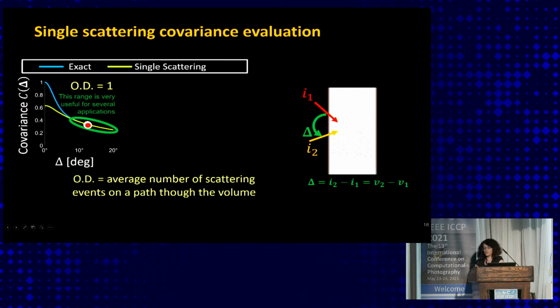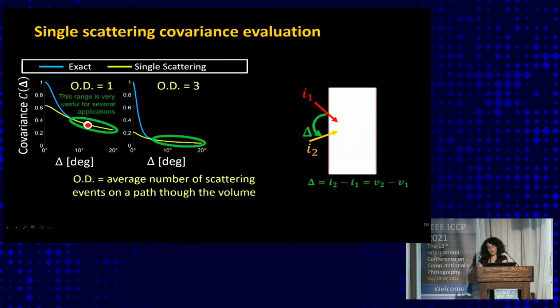And this range of angles delta is actually an interesting range for many applications that we list in the paper. Now, this single scattering model is also accurate for thicker materials. For example, here, optical depth 3, where on average, the paths have 3 scattering events. And as expected, for very thick materials, the covariance is just 0.